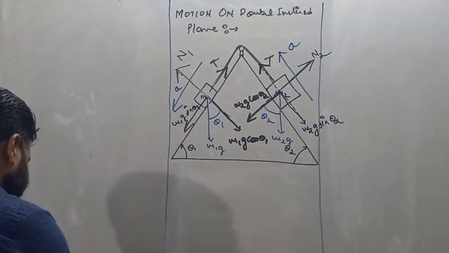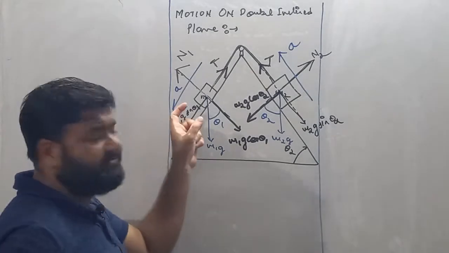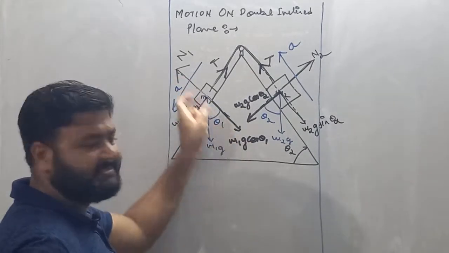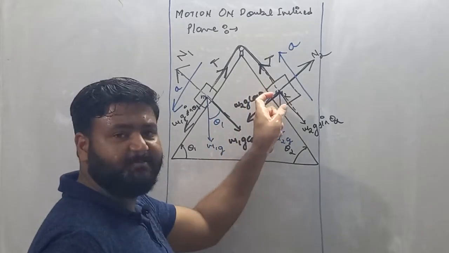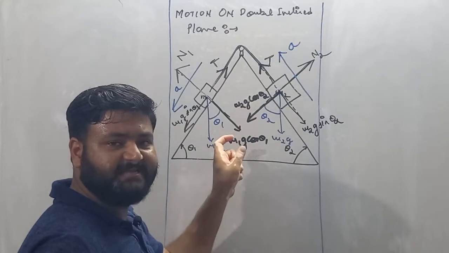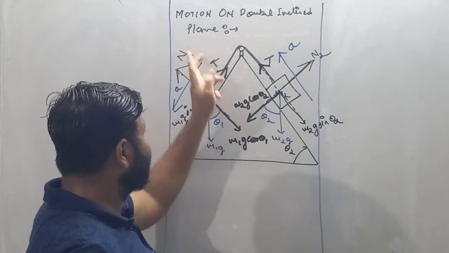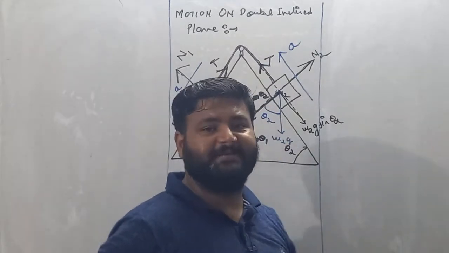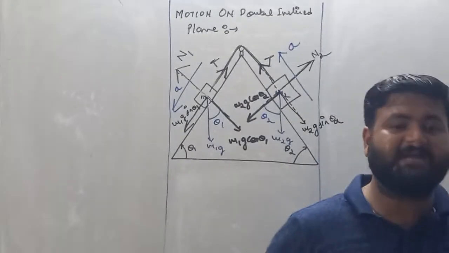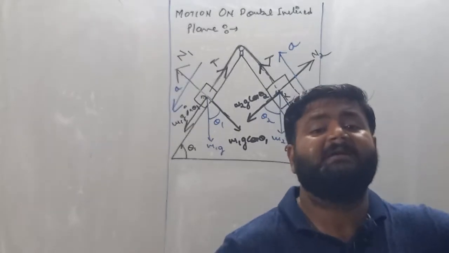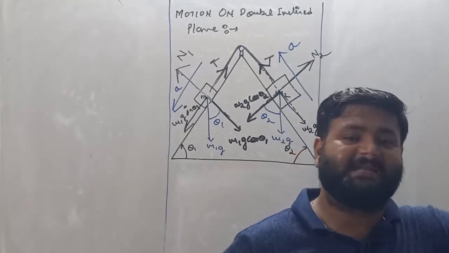Now see, this block never moves in this direction as well as in this direction. Similarly, this block also never moves in this direction or in this direction. So we'll say N1 and m1g cos theta 1 are in equilibrium, because, my dear student, we know that if forces cannot provide motion to any body, then we'll say forces are in equilibrium.